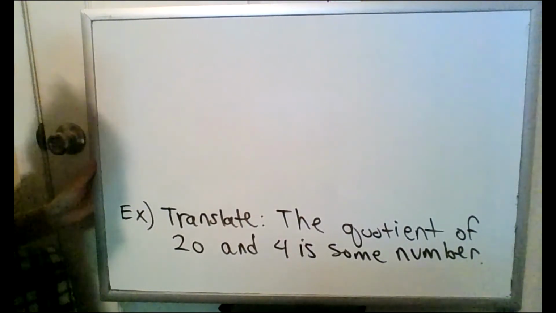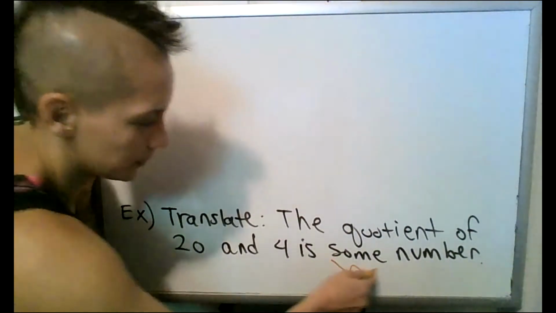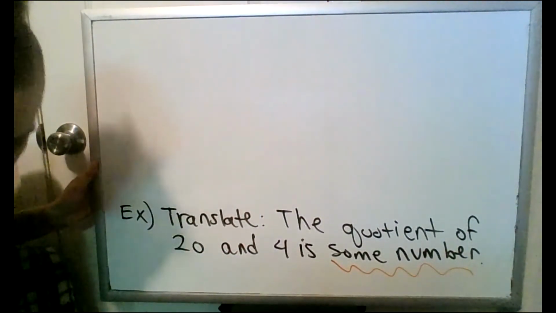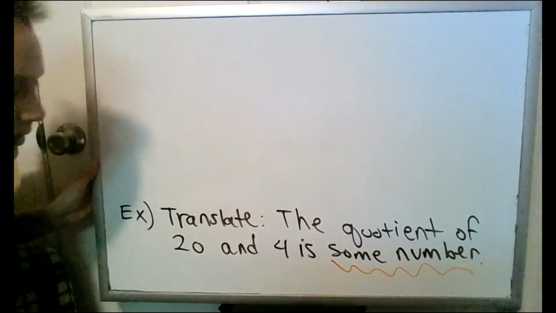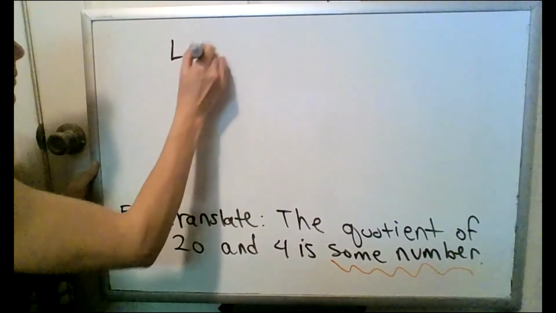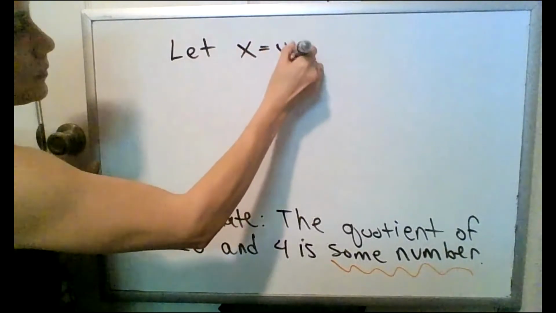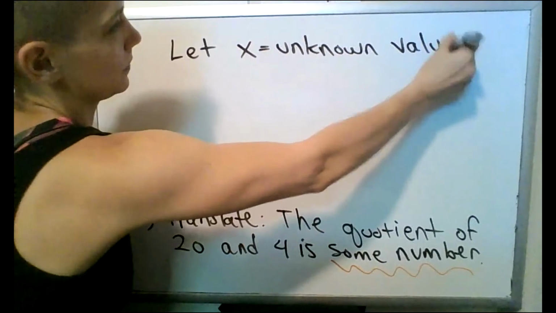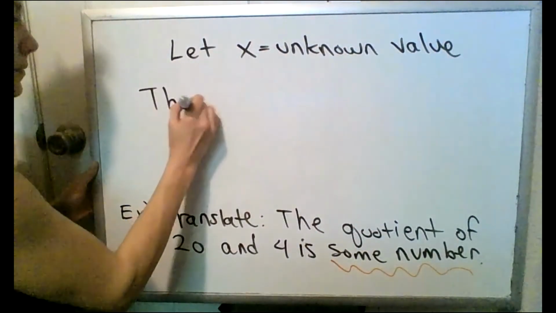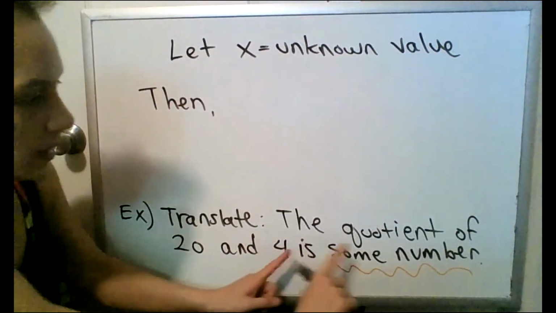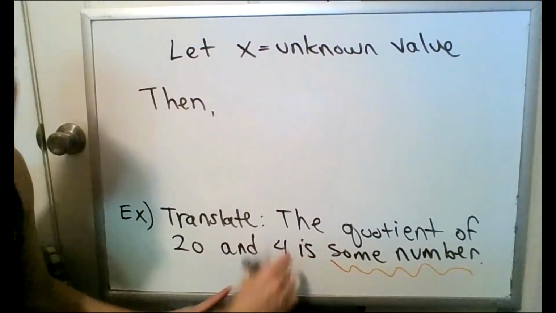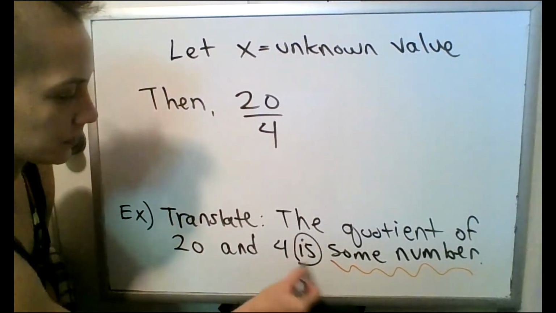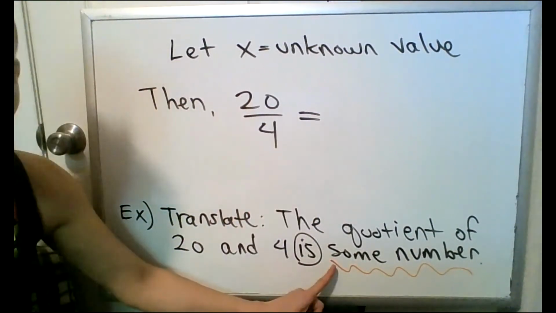Okay, so that part that says some number, we need to give it a name. So the first step is to define your variable if it hasn't already been done for you. We're doing division between 20 and 4 equals that number, x.